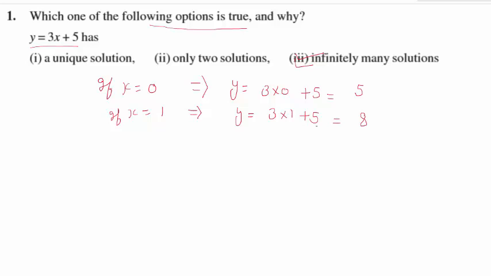So 1 and 8 will also be a solution of y equals 3x plus 5. If x equals 2, then y will be 3 into 2 plus 5, and this will become 11. So 2 and 11 is also a solution, and similarly we have infinite solutions. So third is the correct answer.